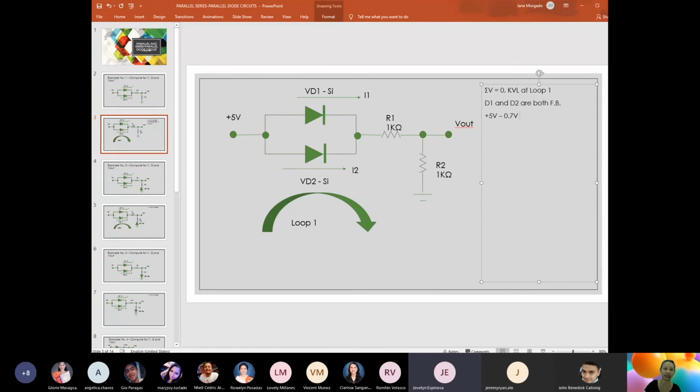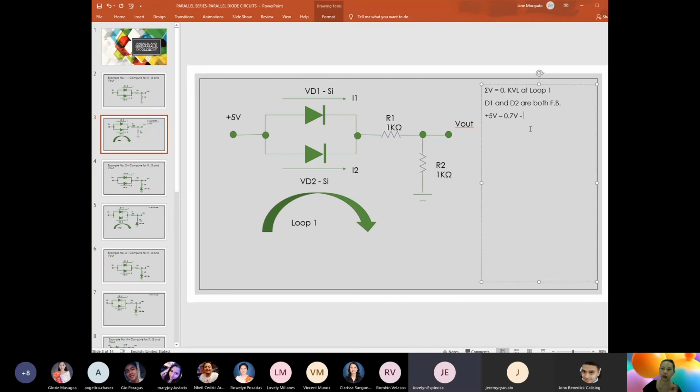Kasi nga, they are connected in parallel. Diba? Oo, parallel sila. Kaya, isang 0.7 lang. Okay? So, ang assumption is that diode 1 and diode 2 are identical. Ayan, pareha sila ng property. So, they both exceed 0.7. Since parallel siya, isang 0.7 lang, since the diodes are connected in parallel.